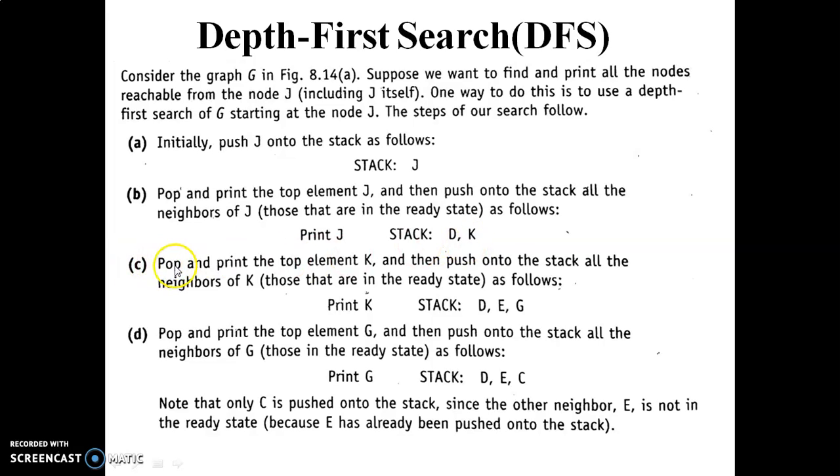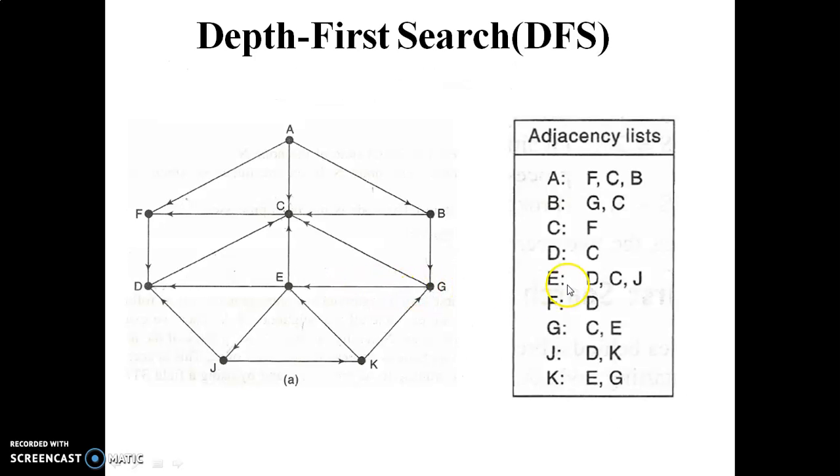In the next step, we pop and print the topmost element K and then push onto the stack all the neighbors of K that are in the ready state. To check the neighbors of K, we need to check the adjacency list.